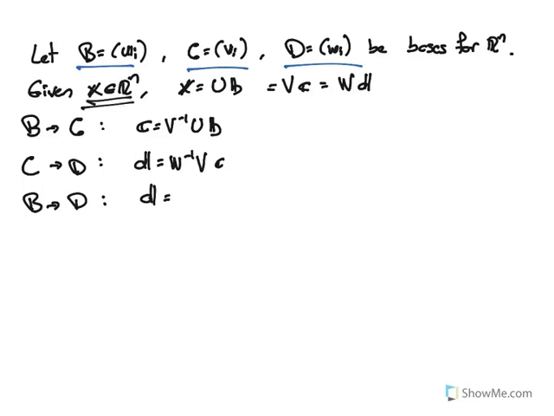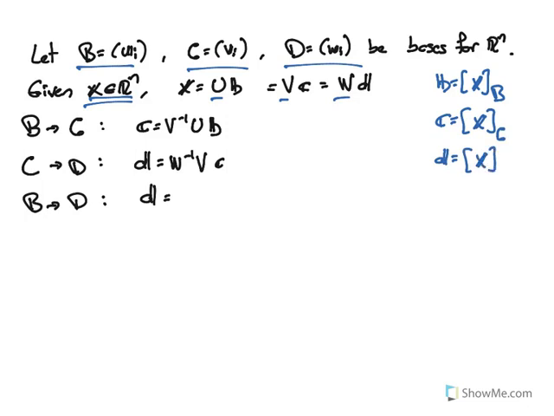Given a vector x, I can expand it either using the u basis, the v basis, or the w basis, and then I get these vectors b, c, and d. So in other words, these are the expansion coefficients with respect to the three different bases.